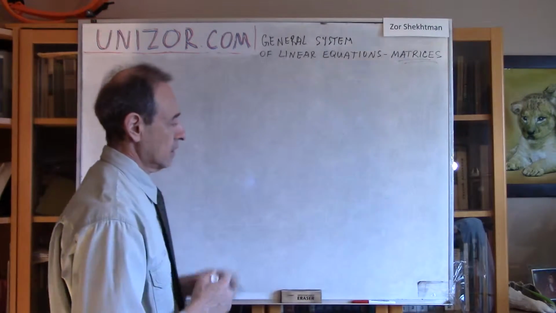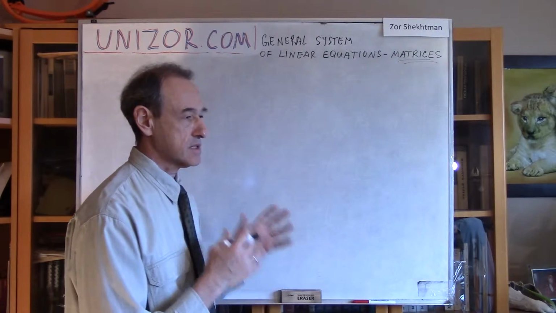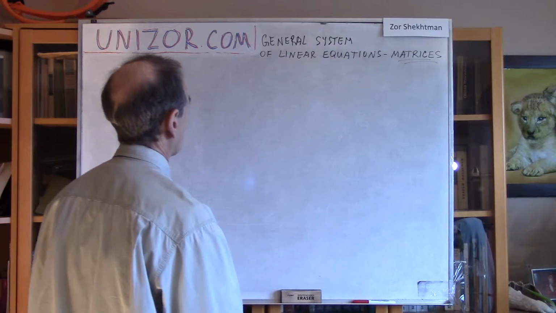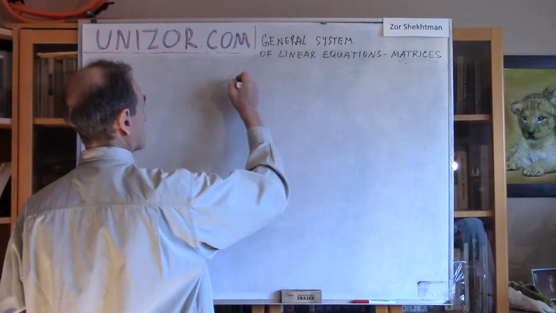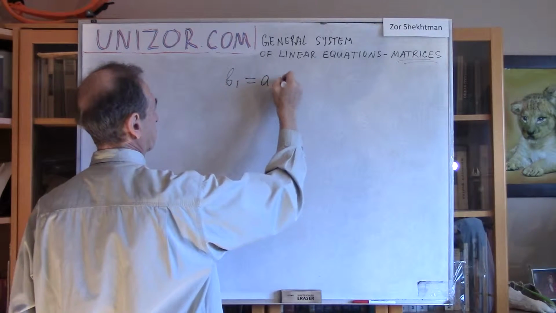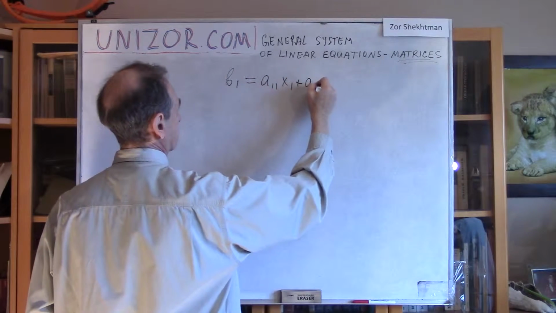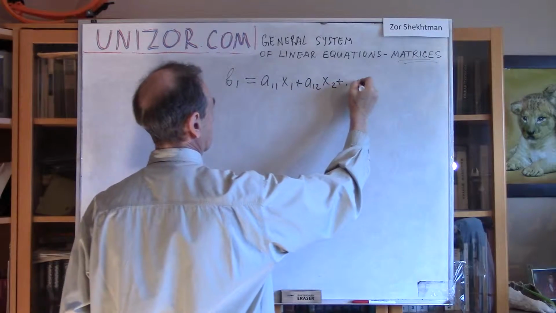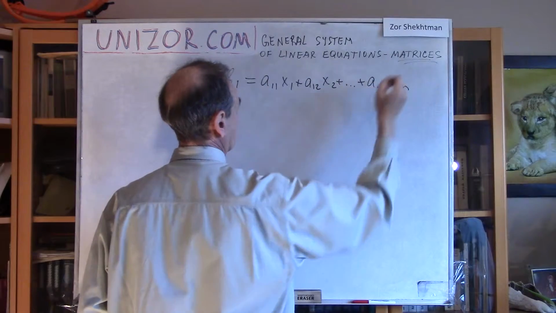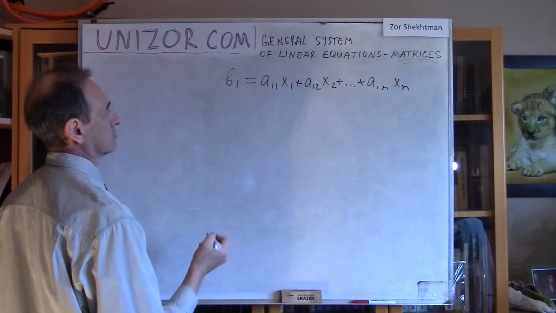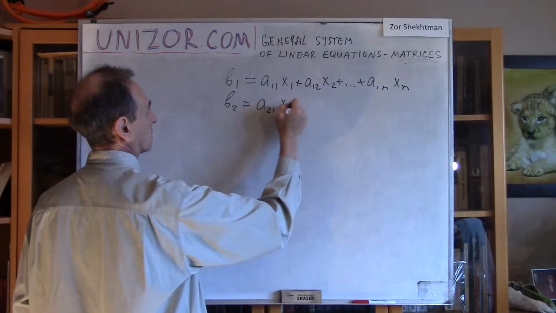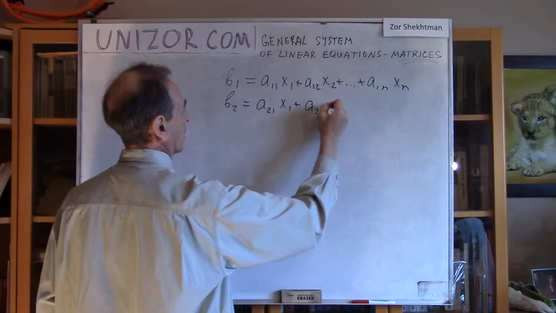Okay, so let's consider the system of n linear equations with n variables. It looks approximately like this. So that's the first equation. Then we have the second equation with different coefficients.